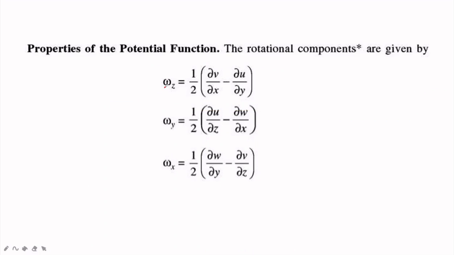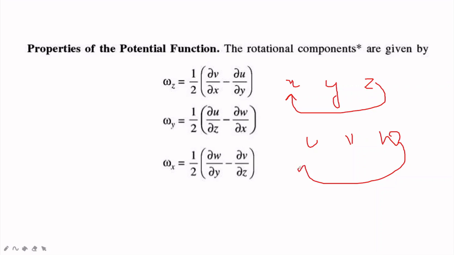Here omega z is equal to half into dou v by dou x minus dou u by dou y. Now how to write dou y? x, y, z is a cycle: after x comes y, after y comes z. After u comes v, after v comes w, after z again x, and after w again u.